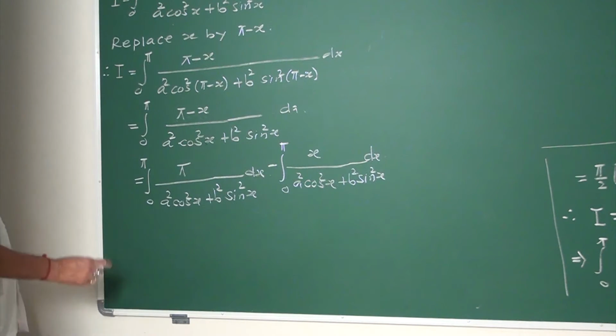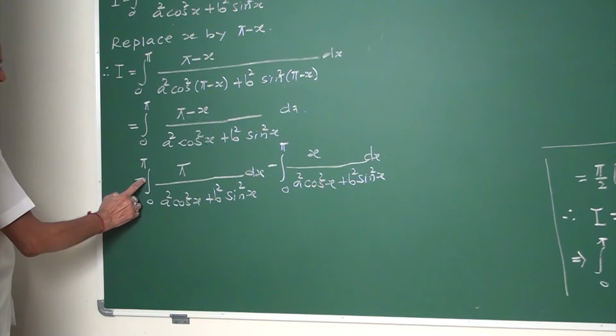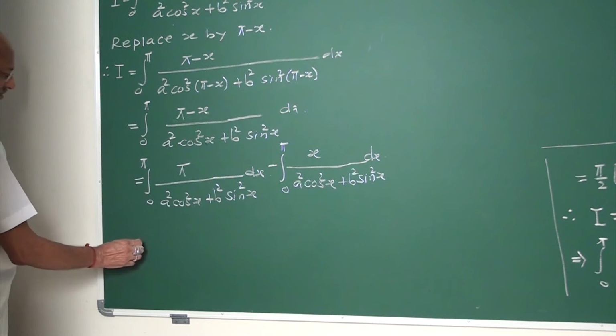Yes, my friend. This, if I replace upper limit minus x, then it is 2 times 0 to pi by 2.